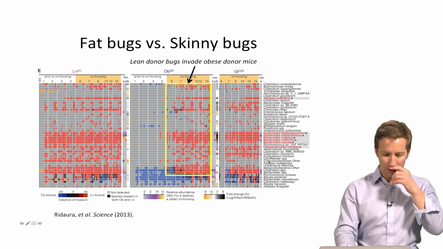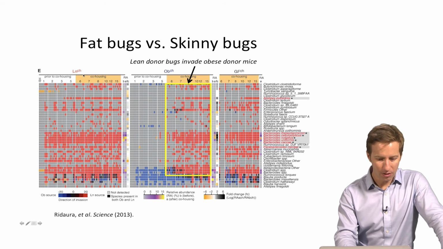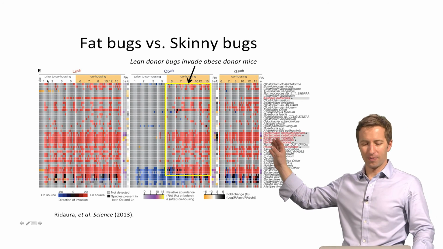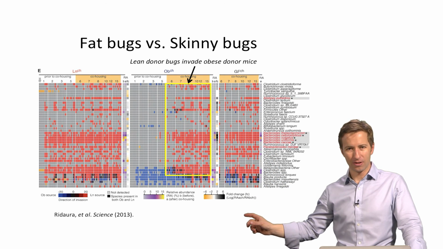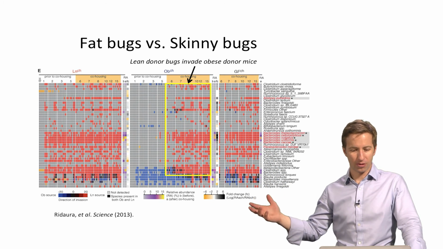And what you're seeing in this figure is over here, these are the lean mice in this block. And the left half of this block, these are all of the bugs that were prevalent in the lean donor. So the lean donor is the source here.